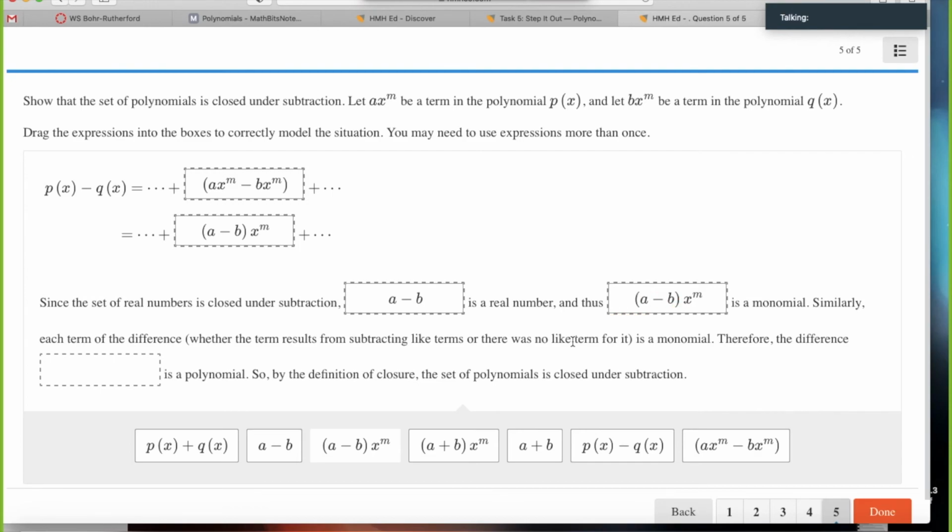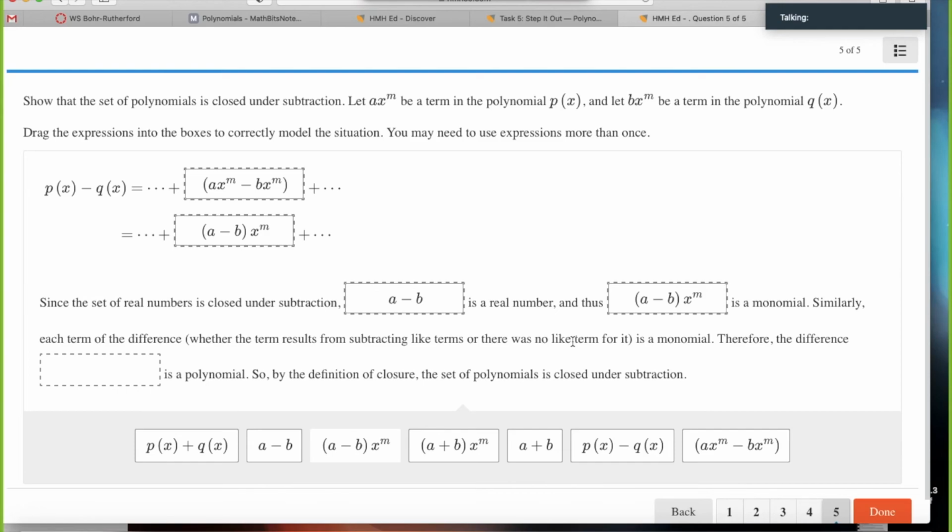Similarly, each term of the difference, whether the term results from subtraction, like term, or there was no like term for it, is a monomial. Therefore, the difference blank is a polynomial. So by the definition of closure, a set of polynomials is closed under subtraction.